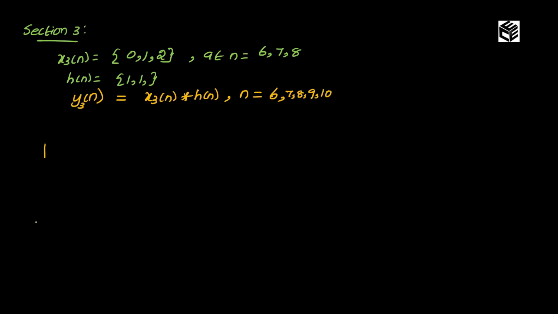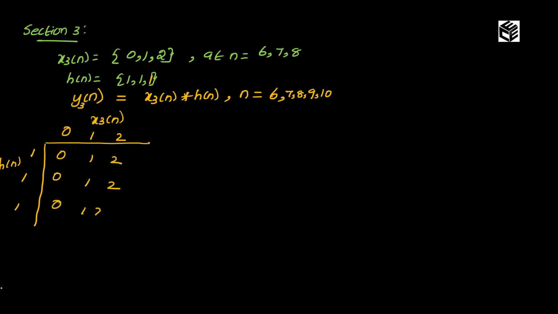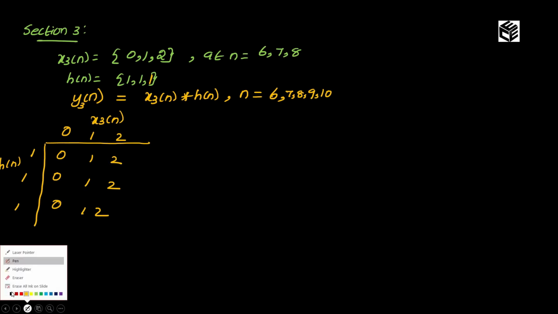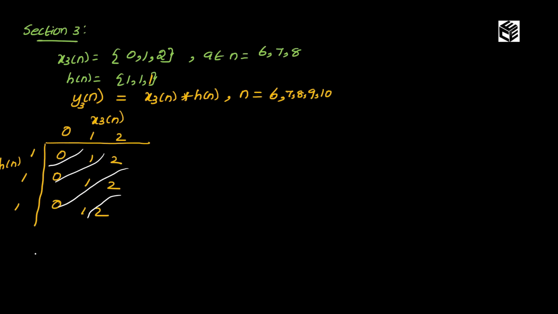Here I represent x3 of n as 0, 1, 2 and h of n as 1, 1, 1. I multiply, then split and add the values. My y3 of n is equal to 0, 1, 3, 3, 2, and the value of n is from 6 to 10.